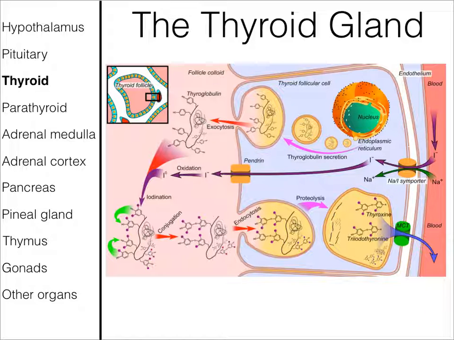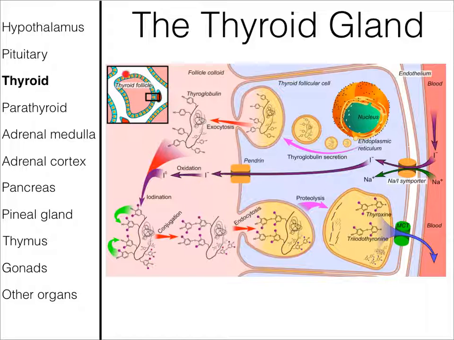The thyroid gland is separated into follicles, which are these mostly circular areas with cuboidal cells surrounding them, and then the inside is kind of a smooth purple tissue. Not actually purple, but it stains purple.